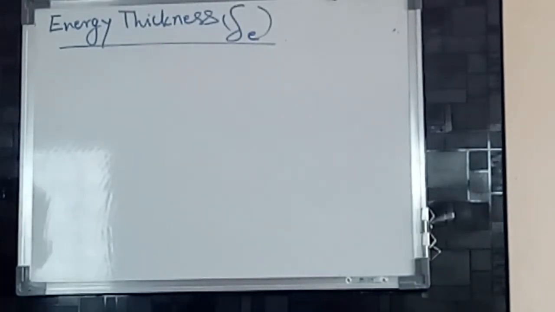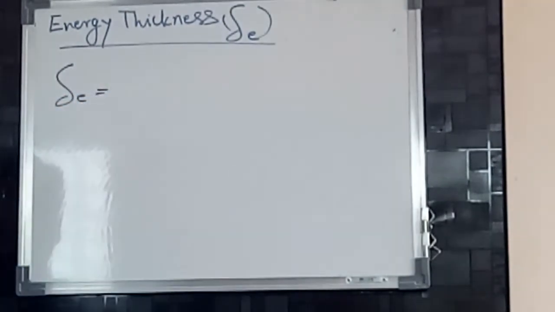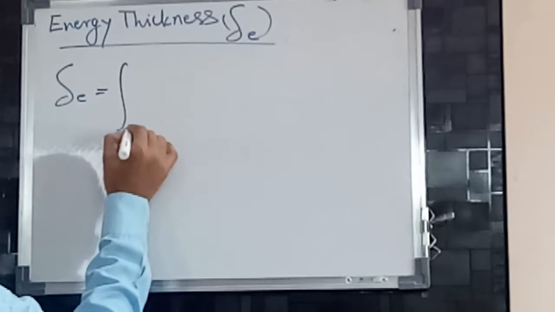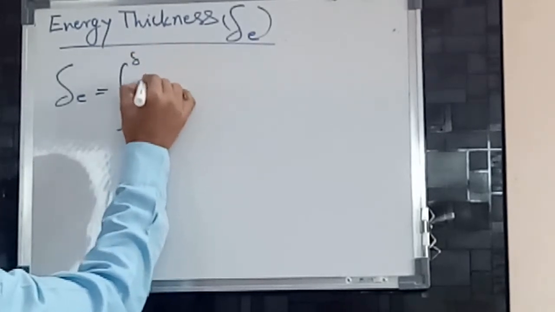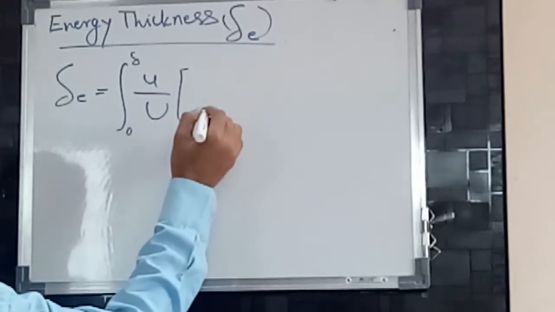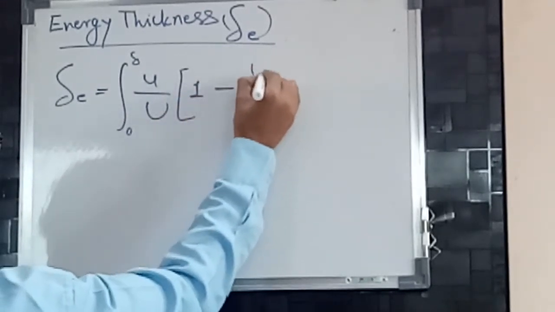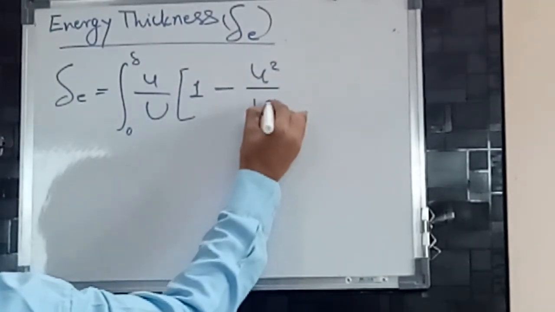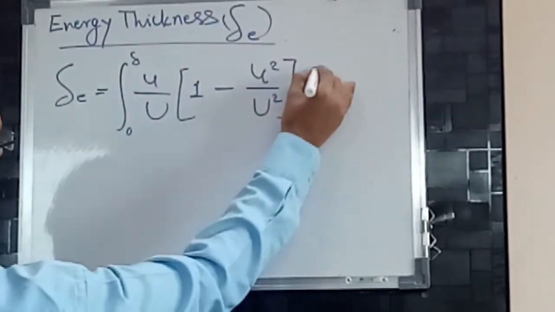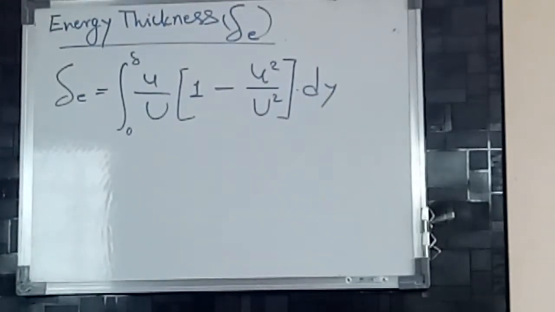First I will write that formula and then we'll prove it. Delta E equal to integration 0 to infinity of u divided by capital U, into bracket 1 minus u square divided by U square, bracket complete, into dy. This is the kinetic energy thickness. Now we will prove it.